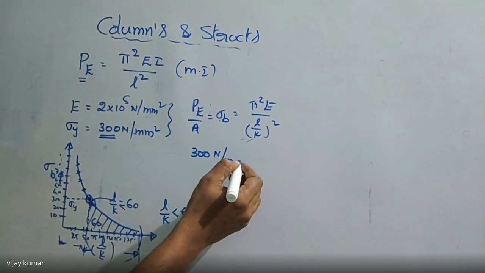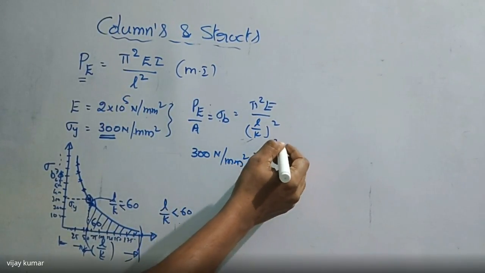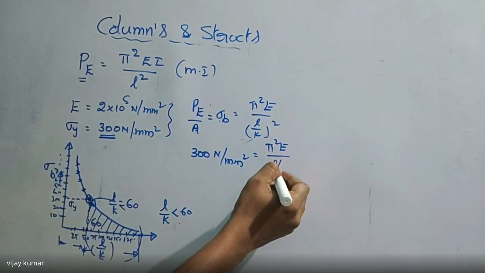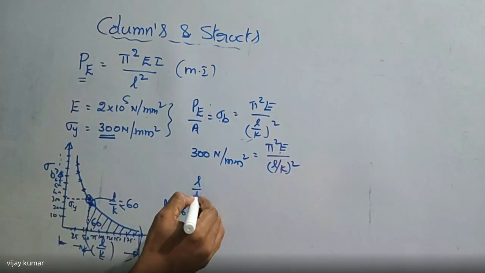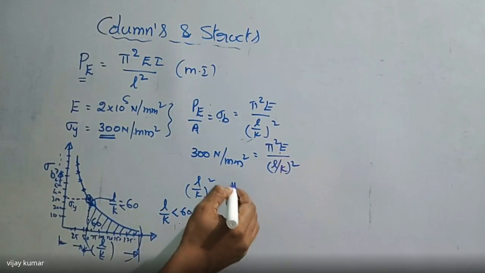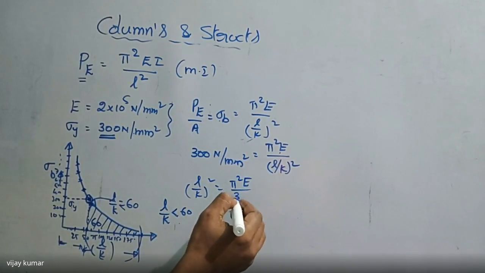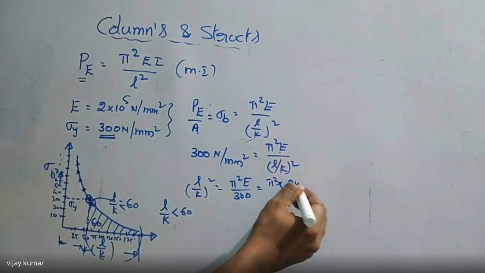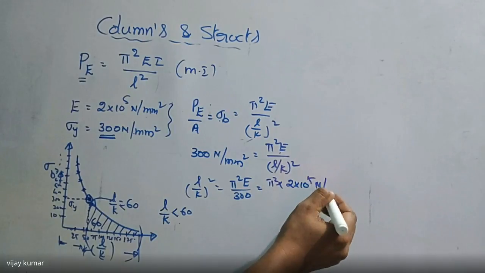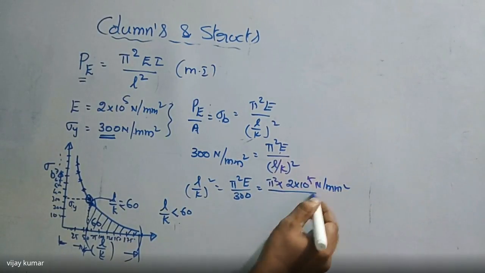So 300 is equal to pi square into E divided by L by K ratio whole square. E is also given. Then I'm writing here L by K whole square is equal to pi square into E divided by 300. E is also given, 2 into 10 to the power of 5 Newton per mm square, divided by 300 Newton per mm square.